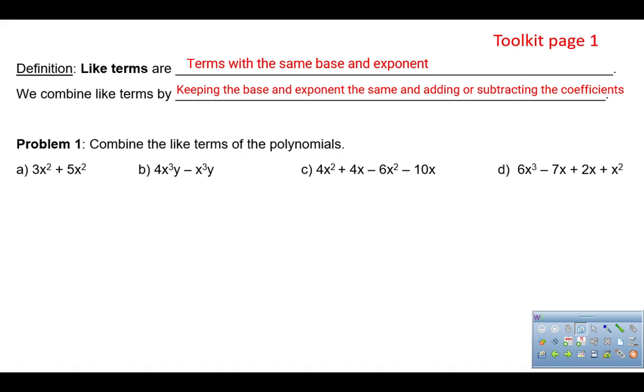Okay, so like terms. Like terms are terms with the same base and exponent. So they have to have the same variable and the same exponent to be considered like terms. Bases are usually variables in these type of problems.